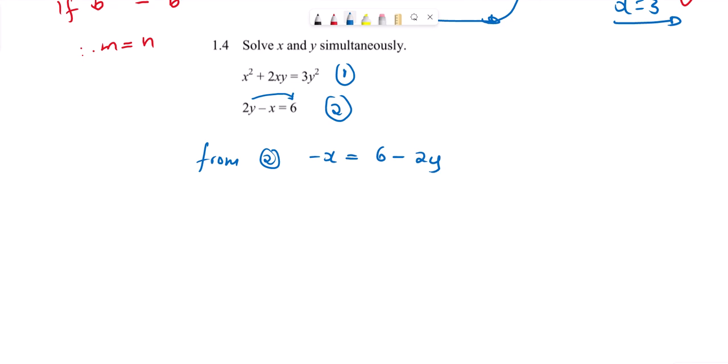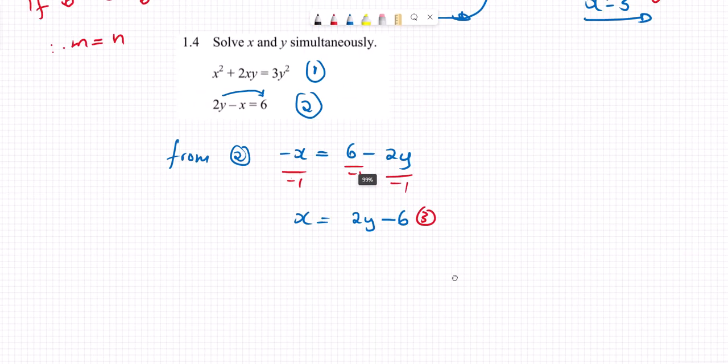Okay, so now again I can simply say this: I divide by negative 1 throughout. So I can simply say positive x is the same as positive 2y minus 6. Okay, so I just created what? Equation number 3.